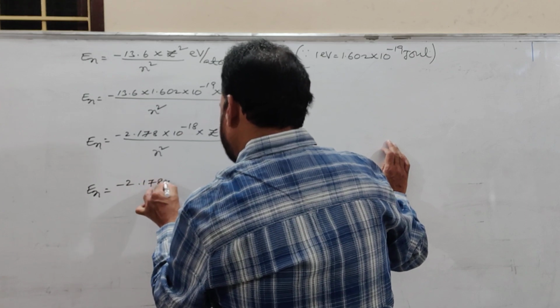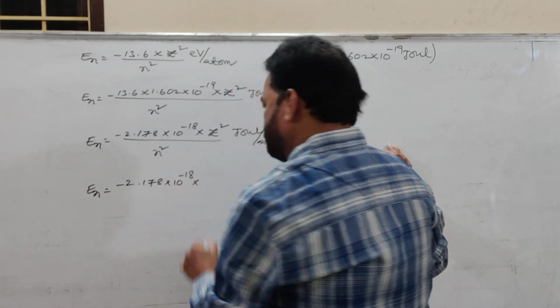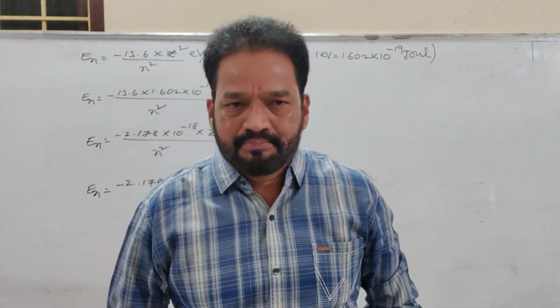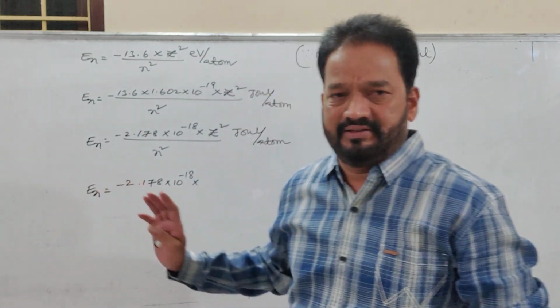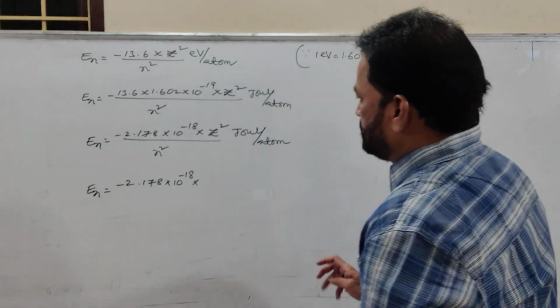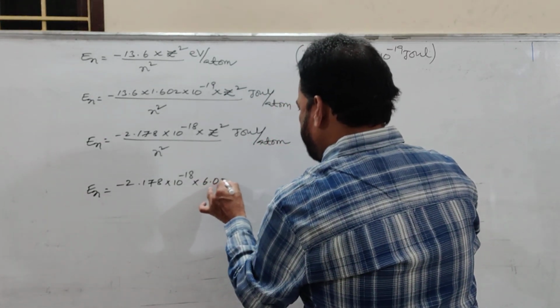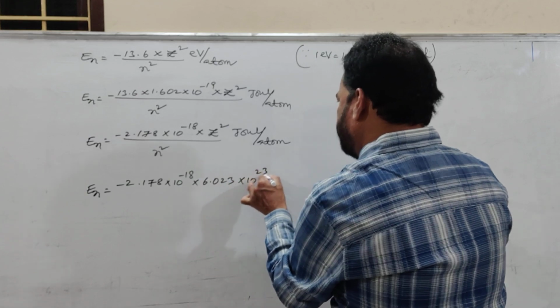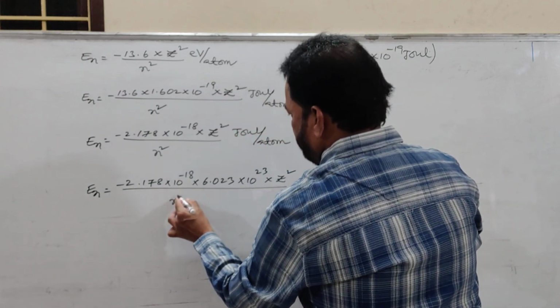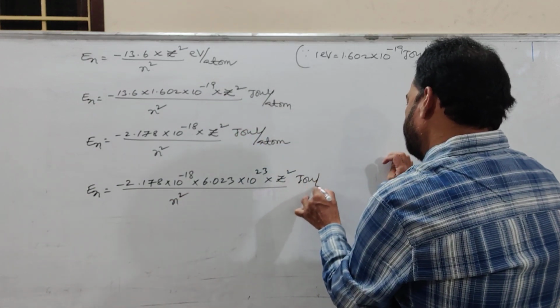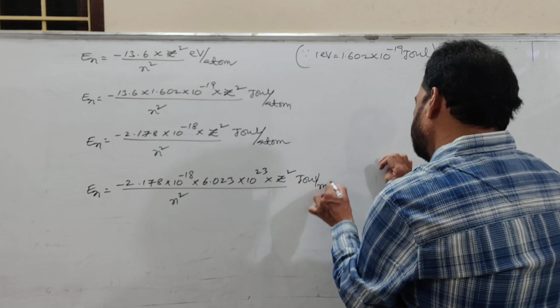I am habituated to write all the detailed steps. I am preparing this video for the students who can learn very easily by sitting at home also. And hence I am writing all the detailed steps. So if I multiply this with 6.023 into 10 power 23 into Z square divided by N square, then it will be joule per mole.